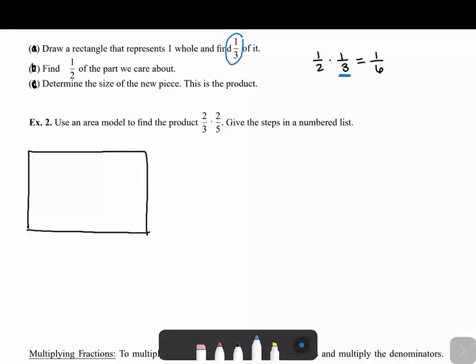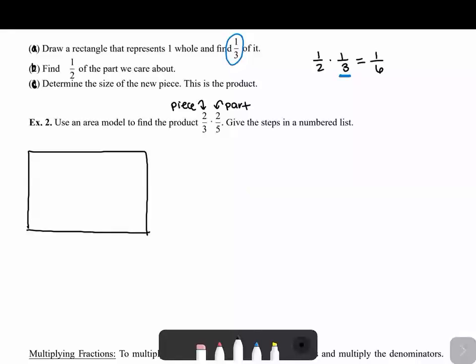That is one thing to notice about the area model: because we're finding a piece of a part, we do the part first and then we find the piece of it.